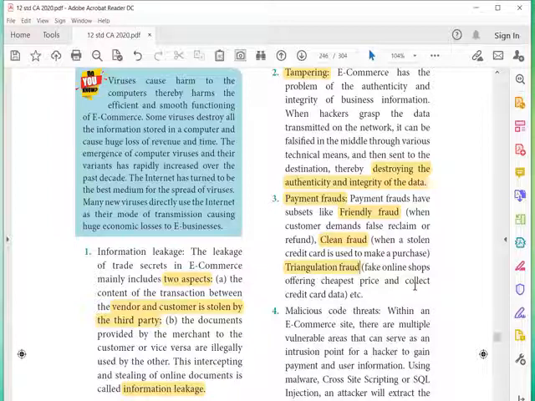We feel it is a good deal to get a 1000 rupees worth thing for 200 rupees, so we try to purchase it. They will easily ask for the credit card details. As we think it is safe, we provide the details on the website, but it is stolen by someone else. So this is said to be payment fraud.